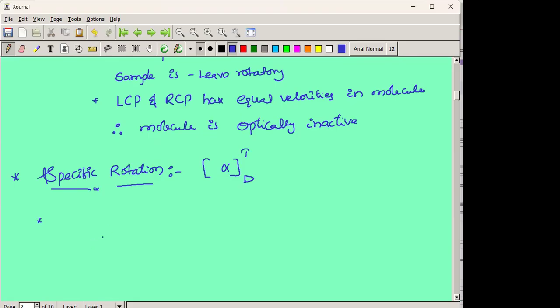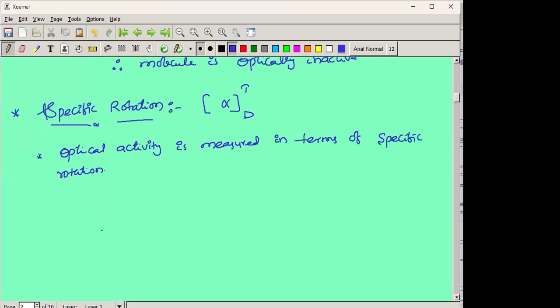Optical activity is measured in terms of specific rotation. Specific rotation depends upon the concentration of the solution and the length of the polarimeter tube.